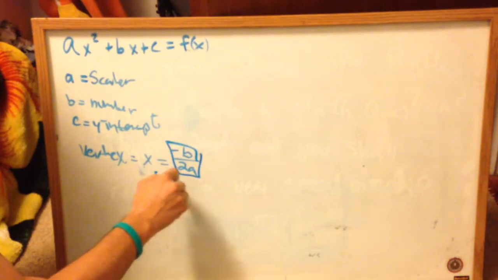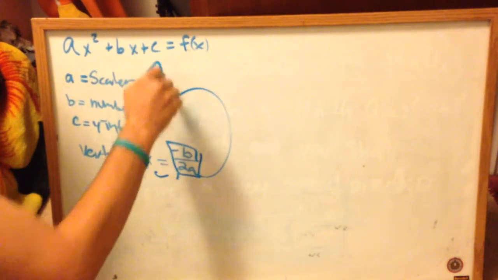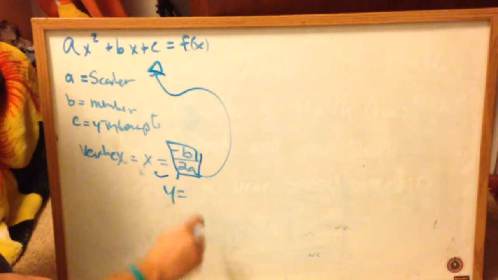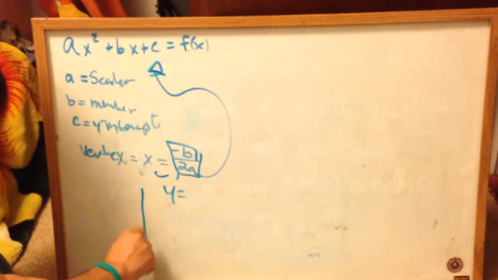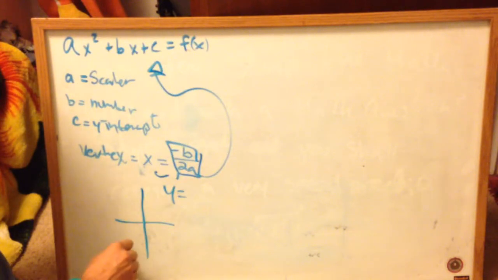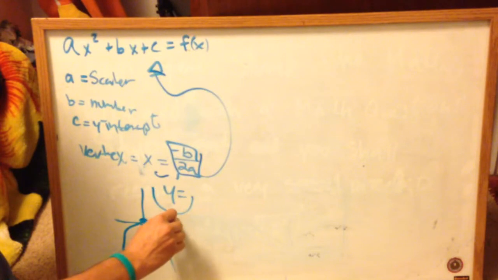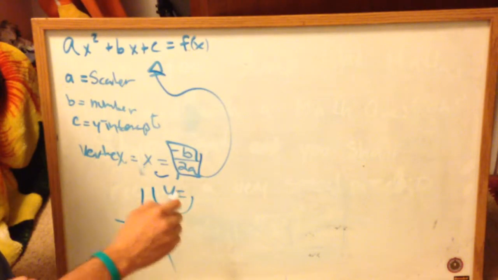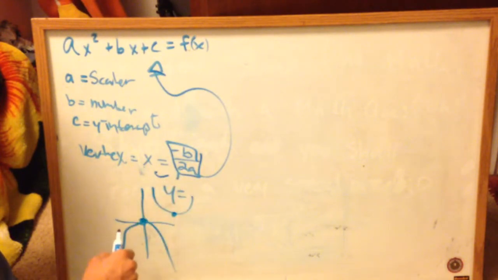You plug this x back into your original equation, and that gives you your y value for your vertex. And what is a vertex? On a given equation, it can be either this guy, maybe this guy over here. It's literally just a point where your quadratic function turns.